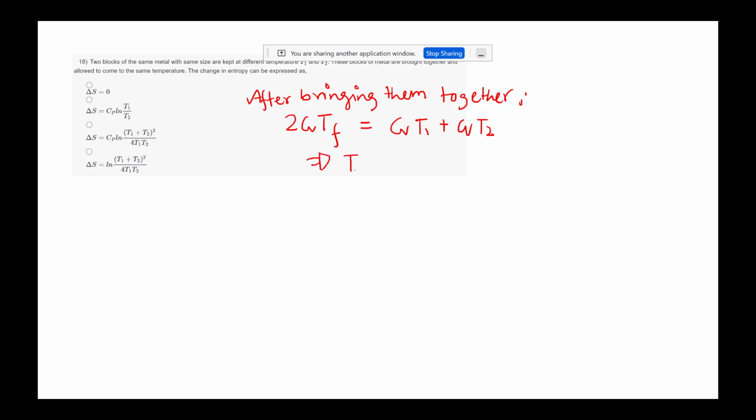So if you cancel it out, then TF will be (T1 plus T2) by 2, right? Same amount of water, one is at 10 degrees centigrade, one is at 50 degrees centigrade. Then what will be the mixed temperature? That will be 10 plus 50 by 2, which means 30. That is the concept here.